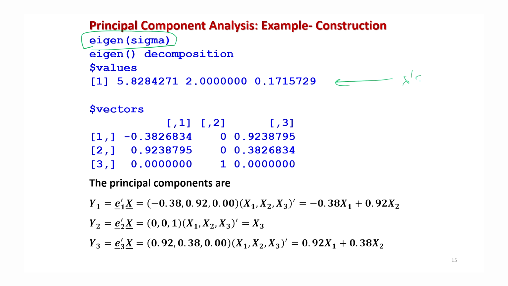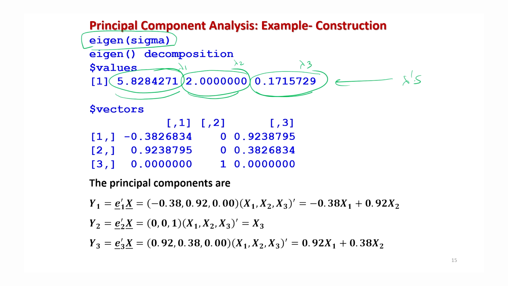Now you have to identify which is lambda 1, lambda 2 and lambda 3. See which is the maximum value out of these three. This is the maximum value, so let me call it lambda 1. The second largest value is lambda 2, which is equal to 2. And the minimum value is 0.171, which is lambda 3.